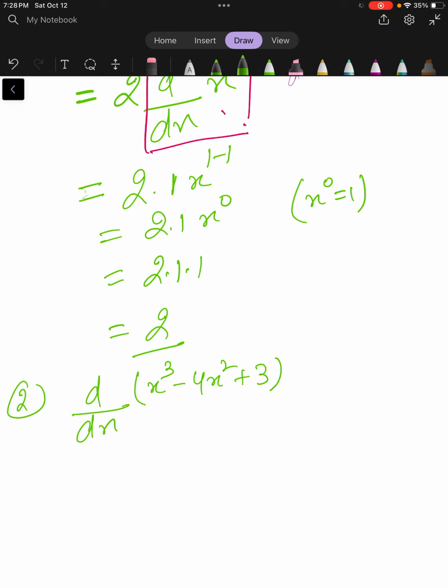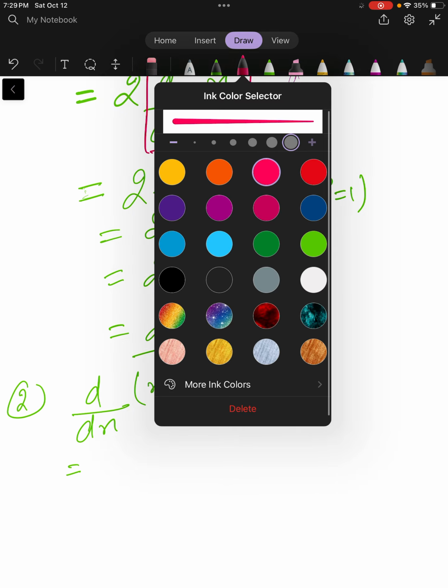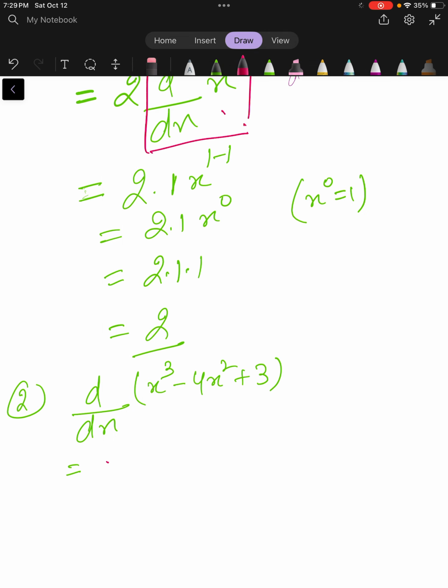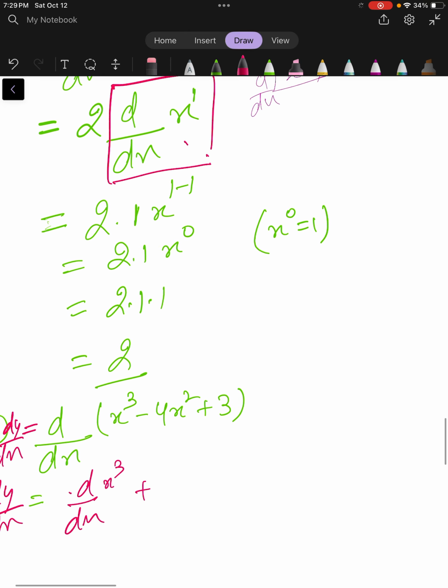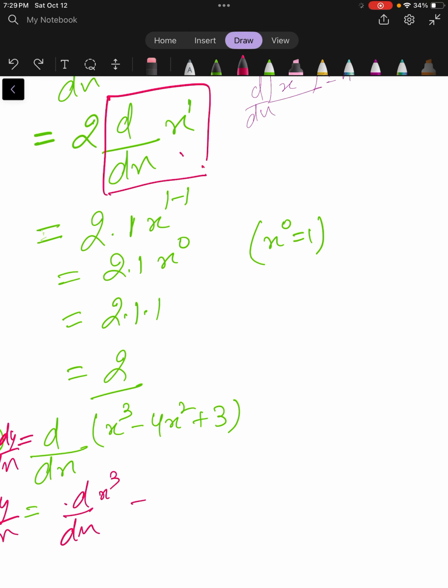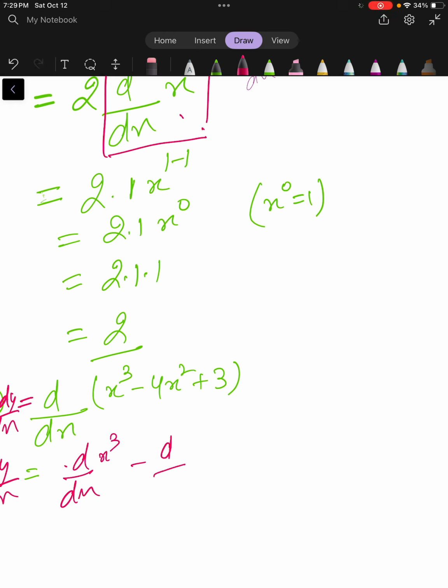So we find dy upon dx of this function. First we split it: d upon dx of x to the power 3, minus d upon dx of 4x square, plus d upon dx of 3.